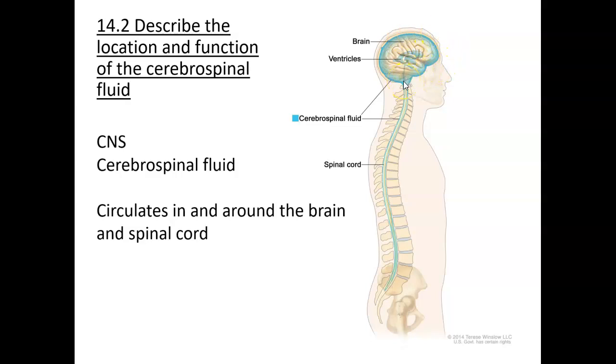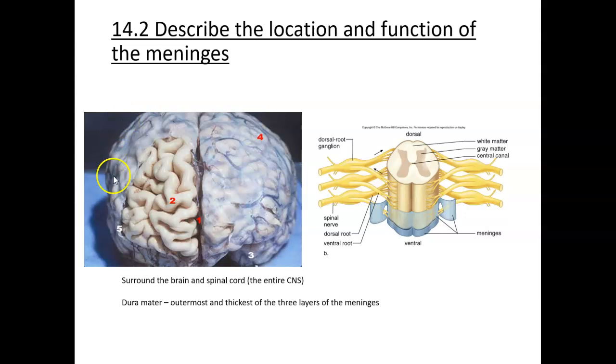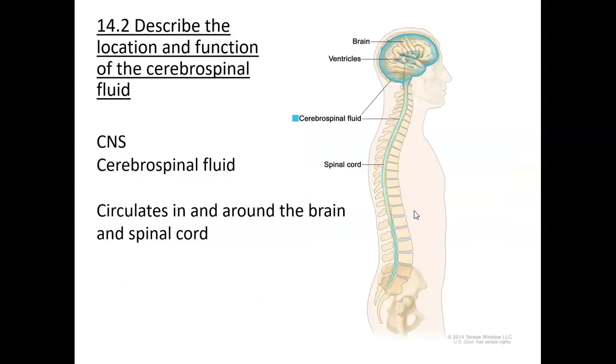So what do we have cerebrospinal fluid for? Well, we said that the brain is surrounded by the meninges. Between the brain or the spinal cord and the meninges, there is cerebrospinal fluid. So there's actually a little bit of liquid between the brain and the meninges, or between the spinal cord and the meninges.